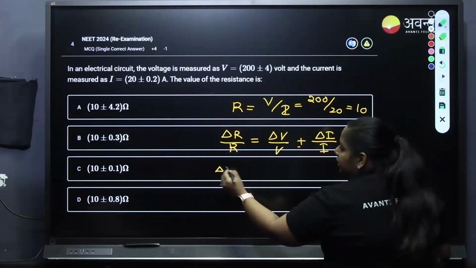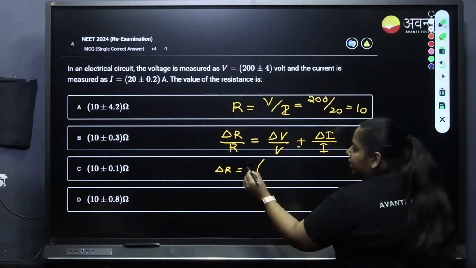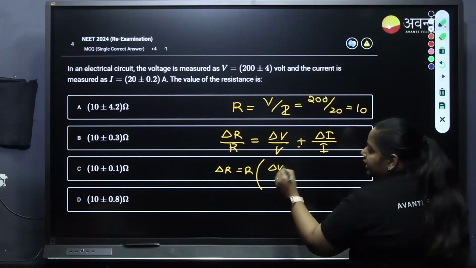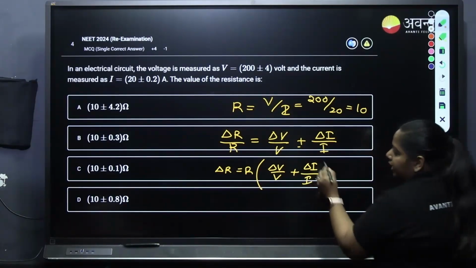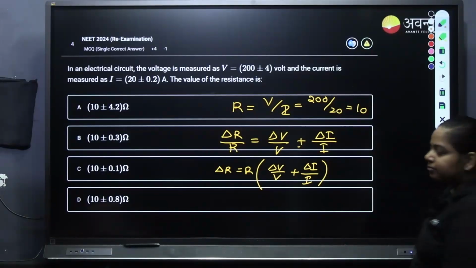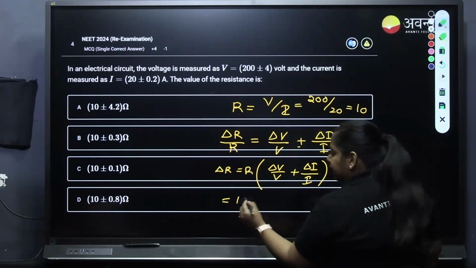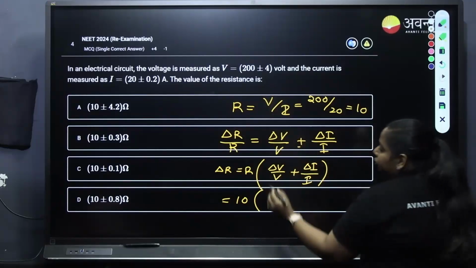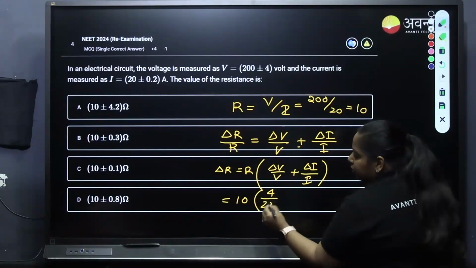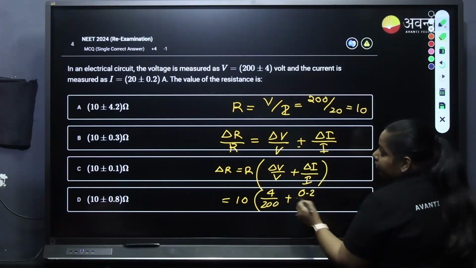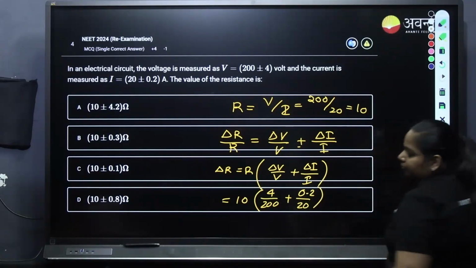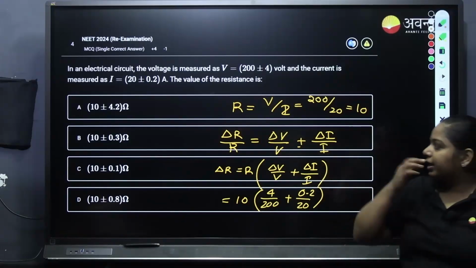So delta R should be equal to R into delta V by V plus delta I by I. Right? R is 10, delta V is 4, so 4 by 200 plus delta I is 0.2 divided by 20. Calculate this, you will get the answer.